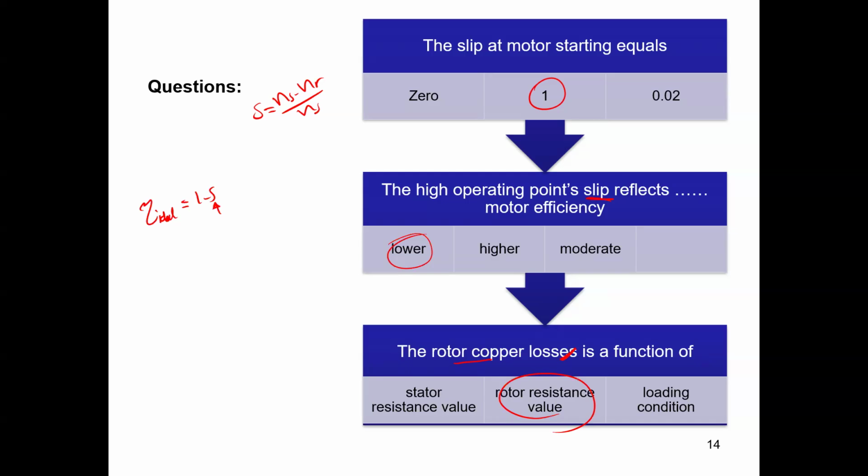Sorry guys, I can say both, not only rotor resistance, because rotor copper loss is I squared times R, for sure times 3 for 3-phase. So loading condition will affect the operating current as well, correct? So I is also affecting, so we can select both. But stator resistance, this is incorrect.